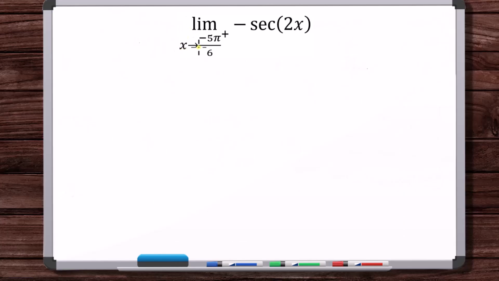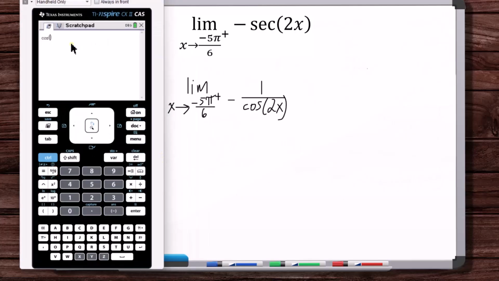Okay, the limit as x approaches minus 5 pi over 6 from the right of minus secant of 2x. So we know that secant is the reciprocal of cosine. Now plugging in minus 5 pi over 6 for x, we get cosine of minus 5 pi over 3.